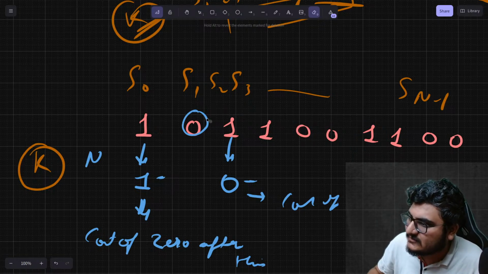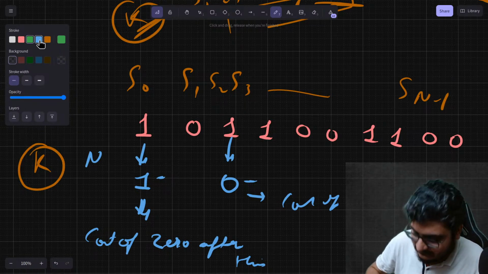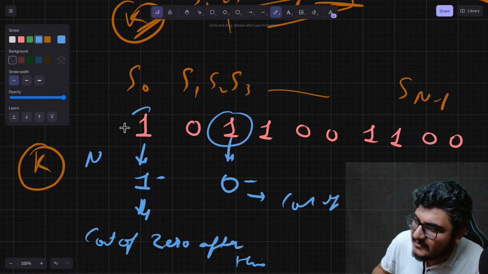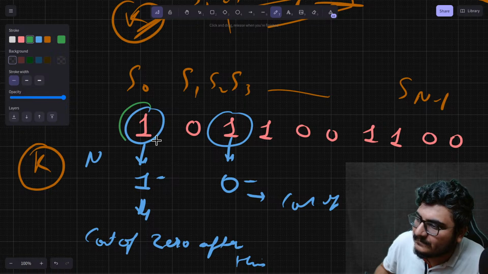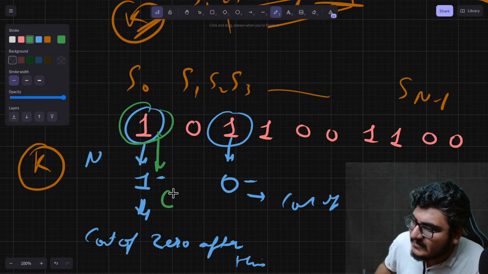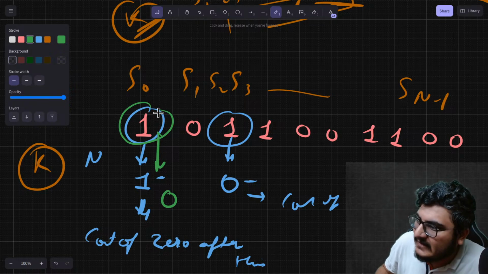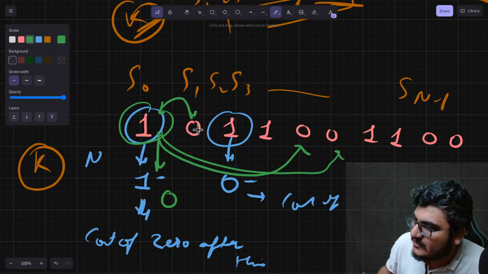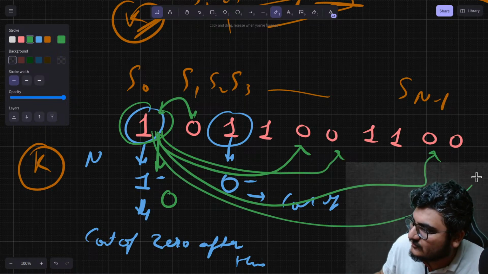So in this case, let's say this is a sequence. And now we are comparing what happens if we change this one to 0 and what happens if we change this one to 0. If we change this one to 0, you see this is one inversion pair, this is one, this is one, this is one, and this is one inversion pair.